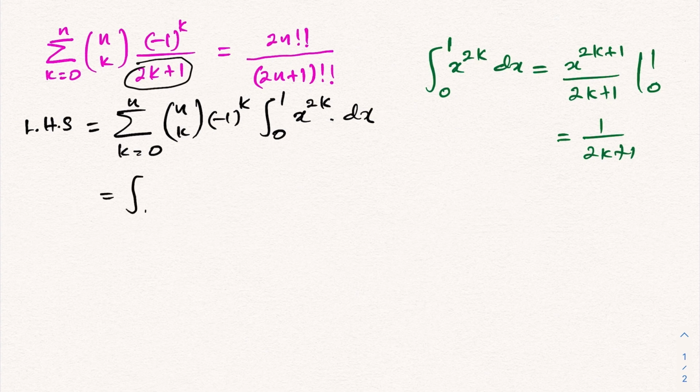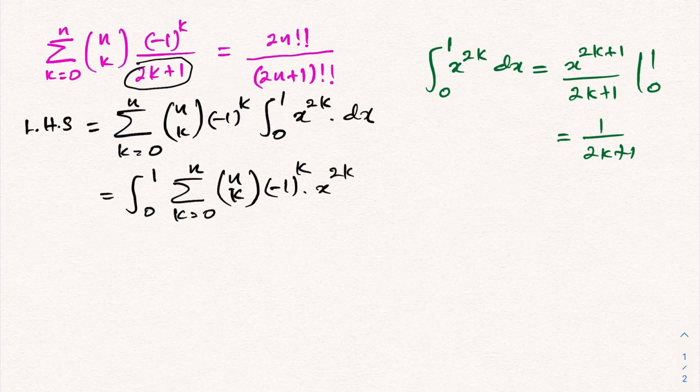Okay, then we can switch the sigma notation and the integral sign. So we have the integral from 0 to 1 of the sum from k = 0 to n of (n choose k) times (-1)^k times x^(2k) dx.